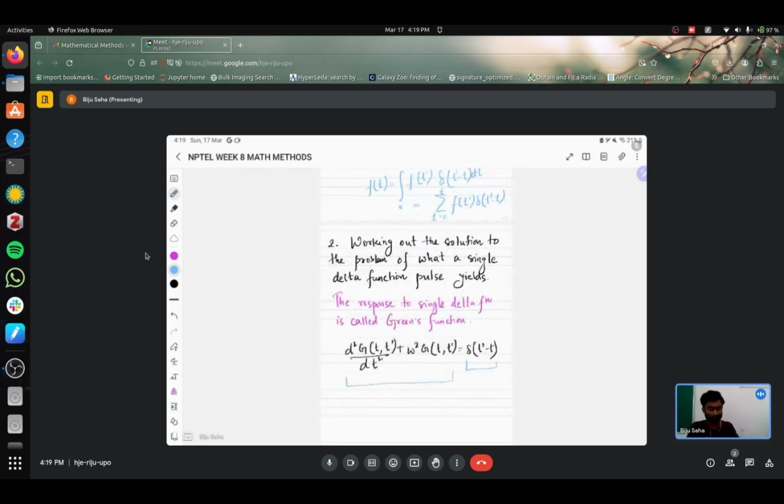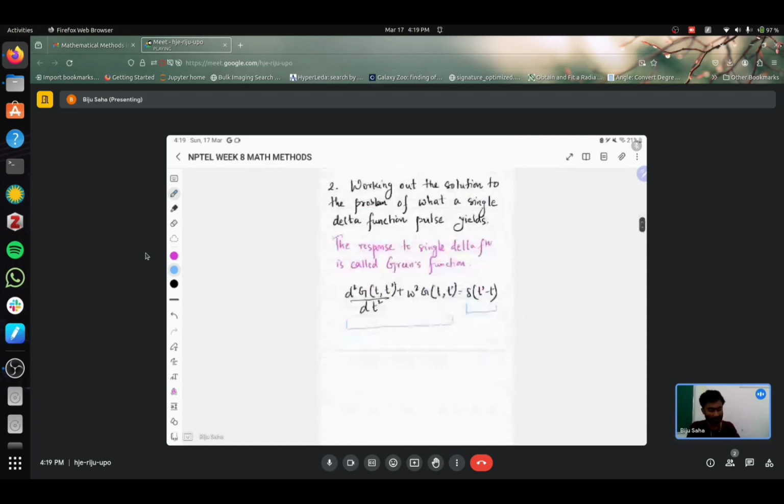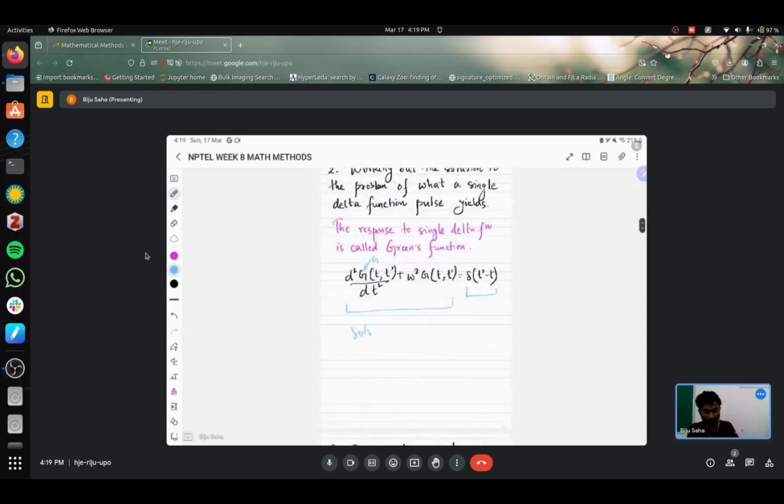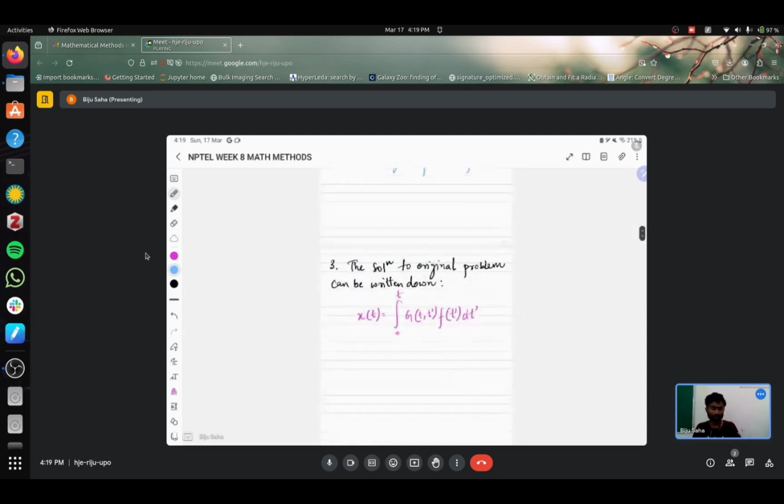So when I replace the original function f with the Dirac delta, my dependent variable is now g instead of x. We solve the above equation to get the Green's function. Then the solution to the original problem can be written as this.